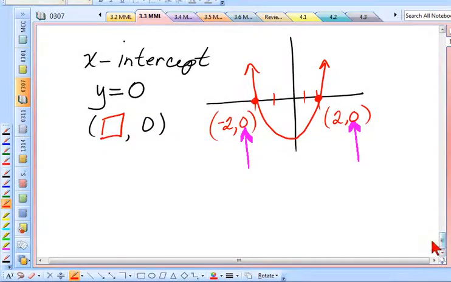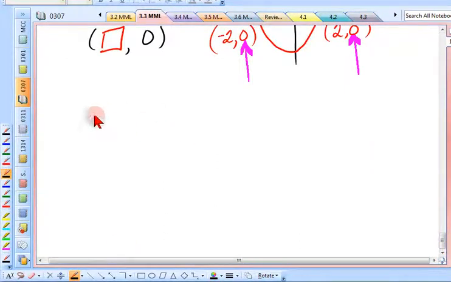All right, what if I looked at the same picture, but I talk about y-intercepts?